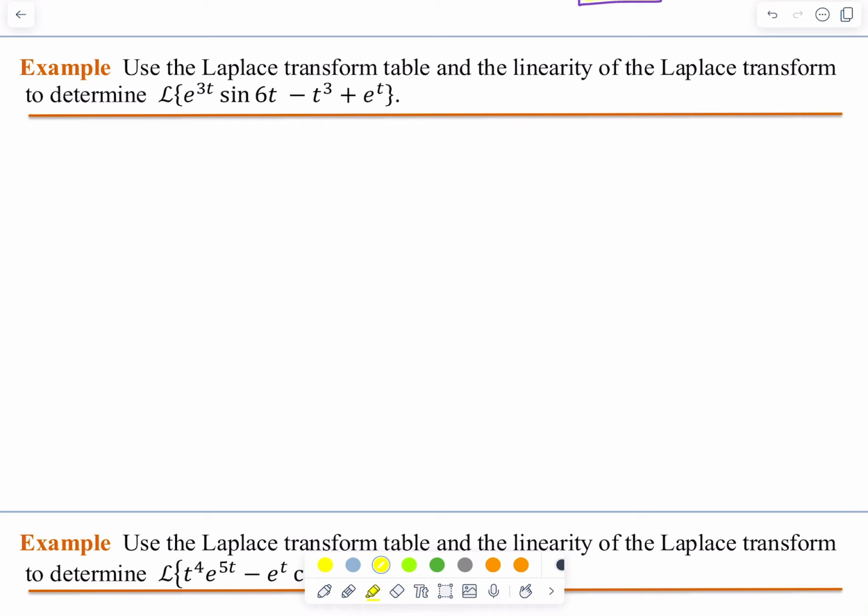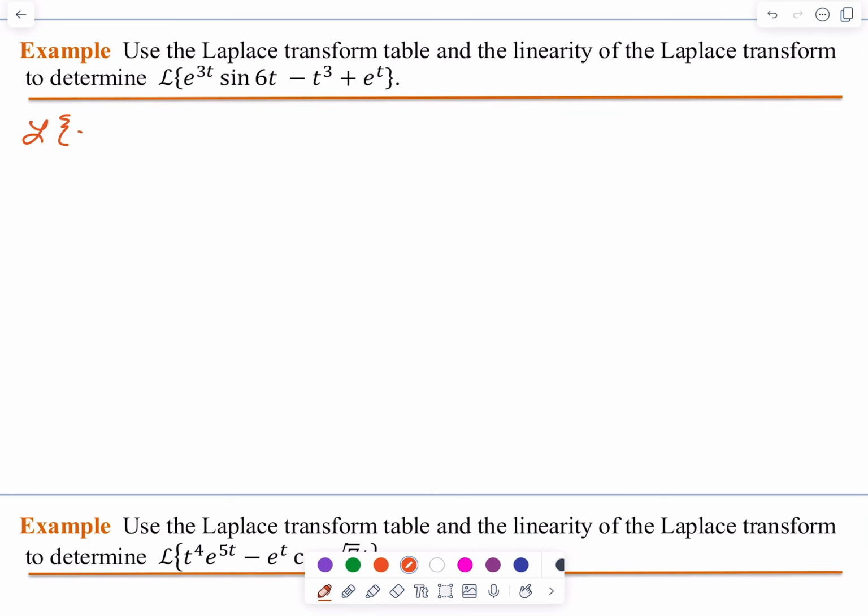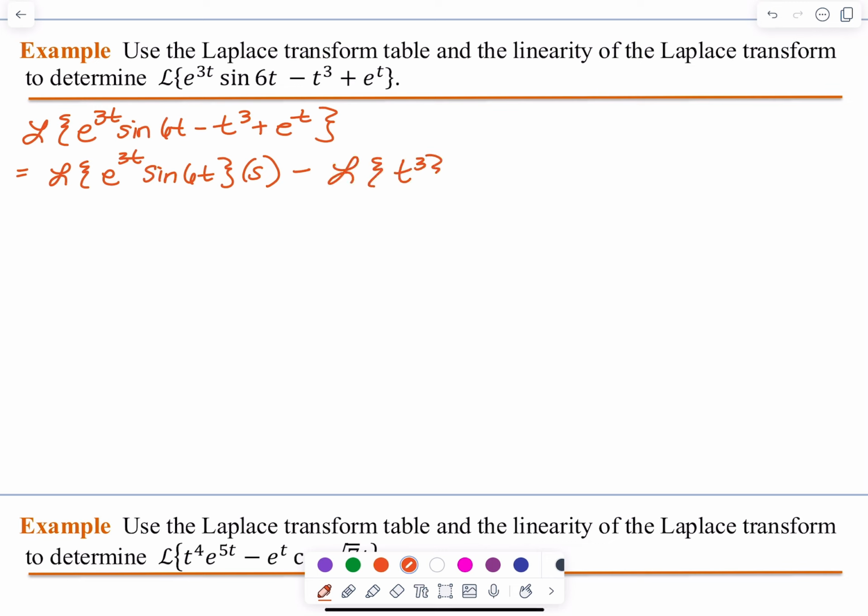So here we have that the Laplace transform of e to the 3t sine of 6t minus t cubed plus e to the t is equal to the Laplace transform of e to the 3t sine of 6t of s minus the Laplace transform of t cubed of s plus the Laplace transform of e to the t of s.